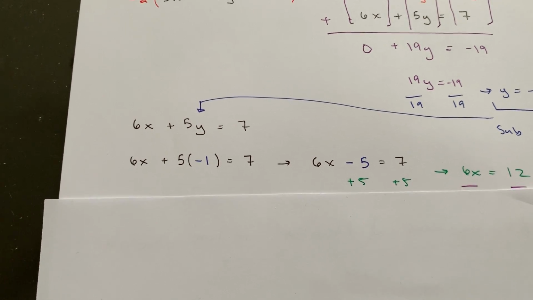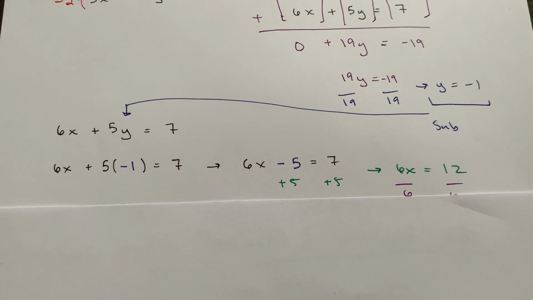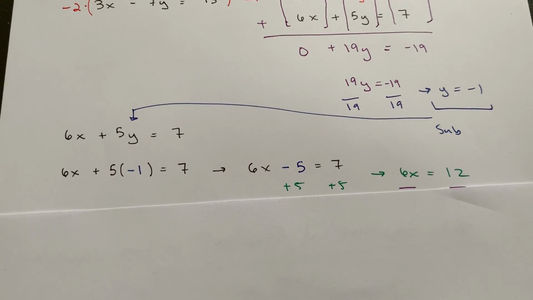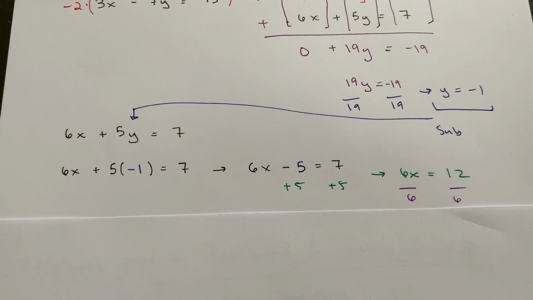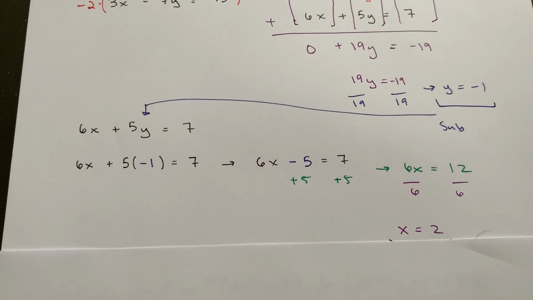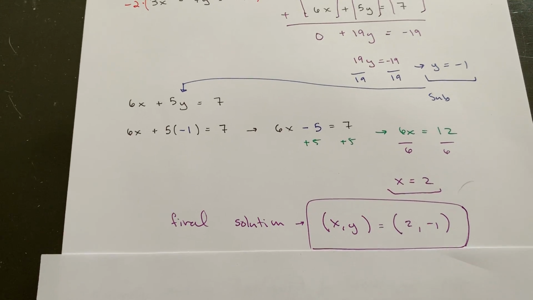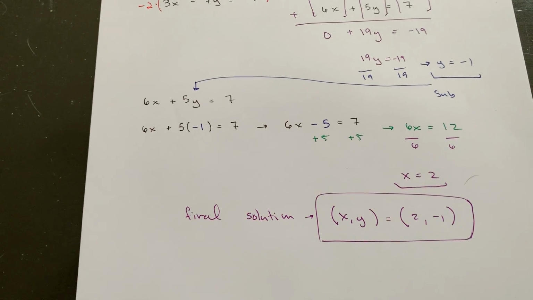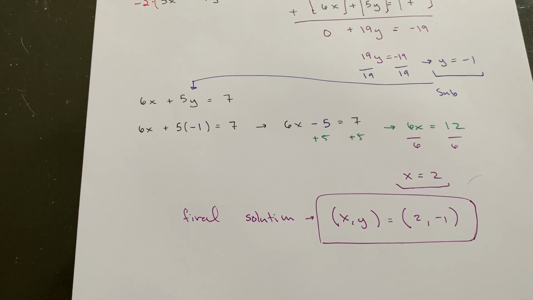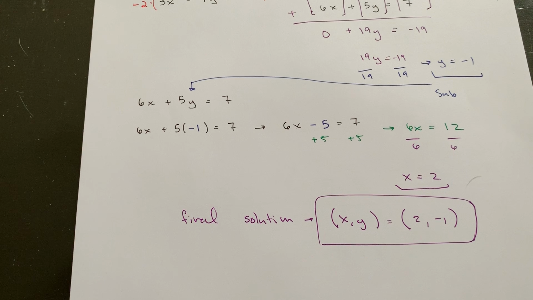If I do a quick add 5 to both sides, plus 5 and plus 5, that's going to mean 6x is 12 in green. Divide by 6, divide by 6. My x value here should be positive 2. So my final answer, the final solution here, is going to be the ordered pair xy is equal to 2 comma negative 1. So the x value is 2 and the y value is negative 1.